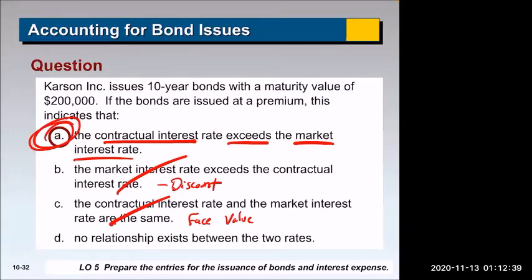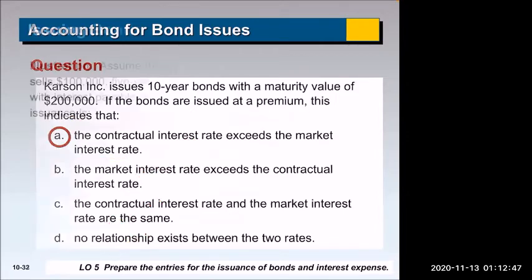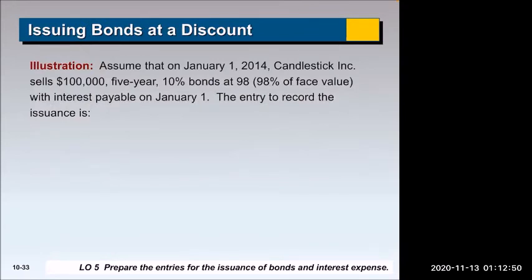Okay, so understanding what a premium is. Okay, so let's look at this. If I'm selling the same $100,000 of bonds, 10% at 98, that's 98% of the face value. So let's think about this for a second.